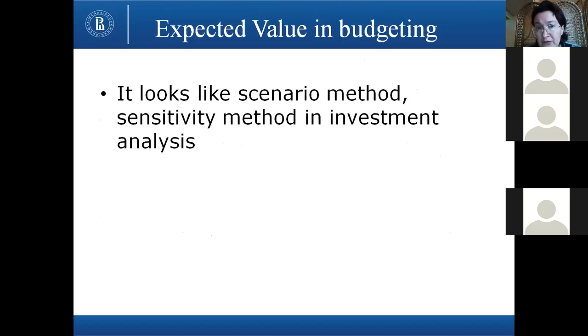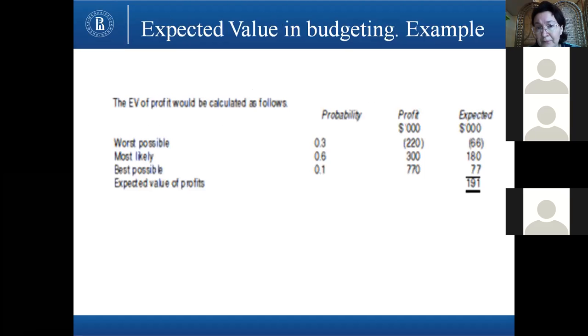The next one is expected value. I think you know this method well, because we use it in different forms in investment analysis, in the scenario method and sensitivity methods.